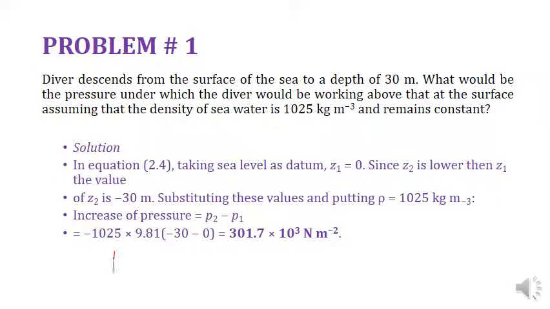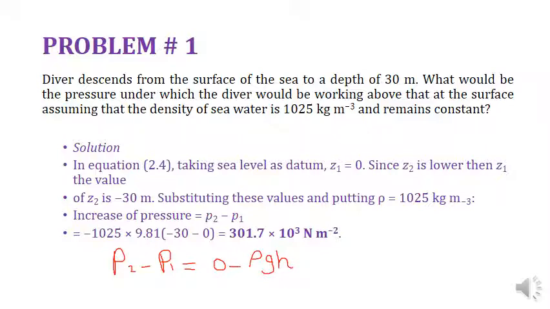Actually the formula that we are using over here is rho g h. So P2 minus P1 will be equal to 0, why? Because P2 is considered at 0, it is at the datum point. So for P1 it will be rho into g into h.